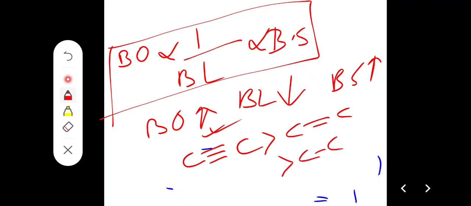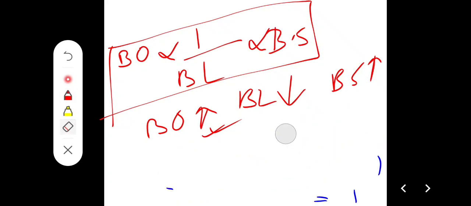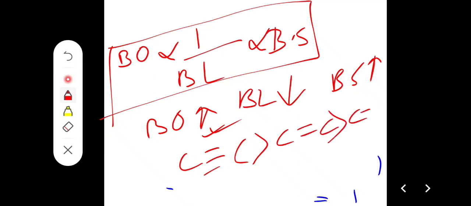You can correlate this, but there must be some other terminology also used, that is pi orbitals. You can correlate that C triple bond C is greater than C double bond C, in this way for bond strength and bond length.